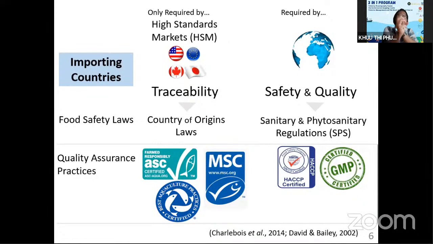And those markets also require quality assurance practice. And if you look at this, I show that ASC, MSC, or BAP, those certifications are quality assurance group 2. It means that those certifications include the traceability requirements.